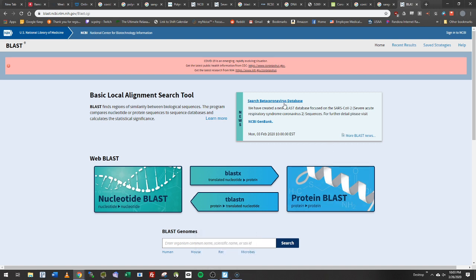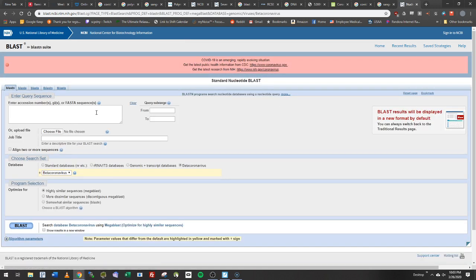So what I would do is I would open up the database and I could put in my sequence that I have, or I would name my sequence and it would be uploaded. And I can then compare my sequence to an entire database that people have uploaded their sequences to.